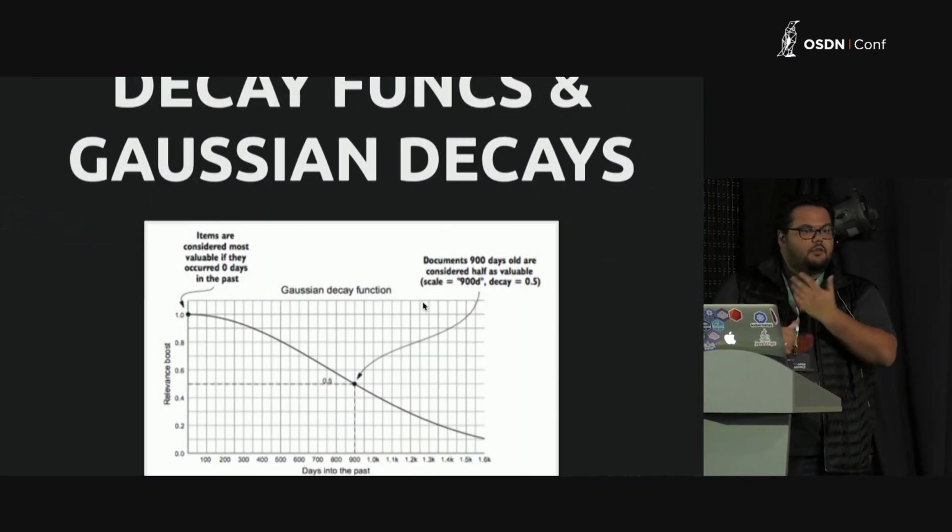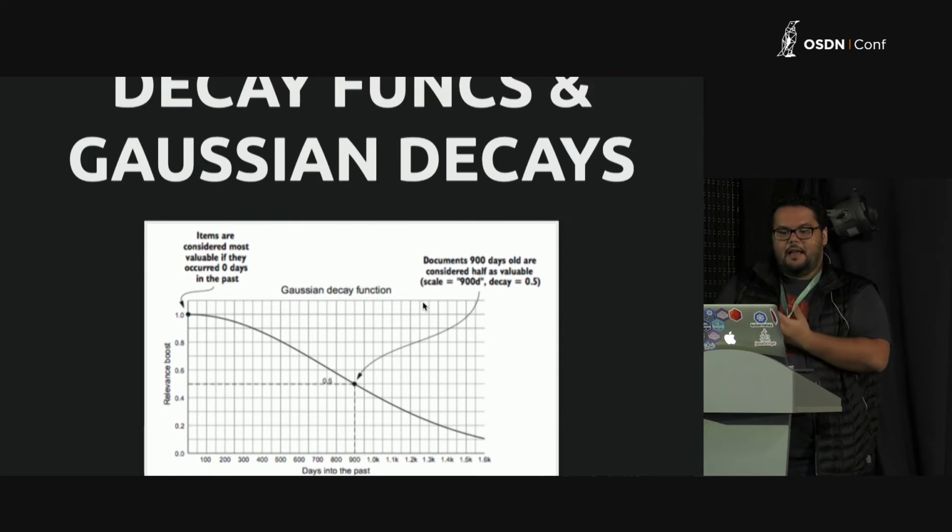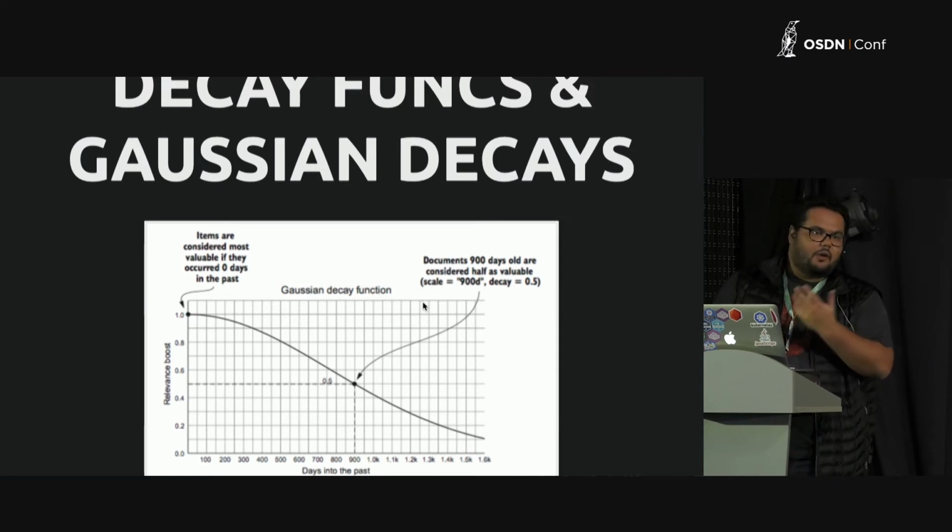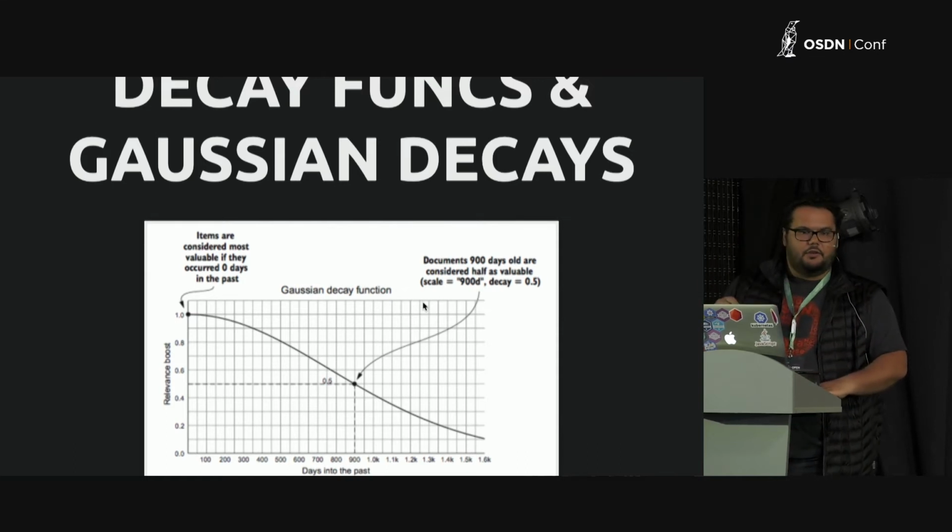You can do this with Gaussian functions, or Gaussian decay functions. So basically, a little bit of math. You just apply some math to your ranking function, and then you can have this kind of behavior.